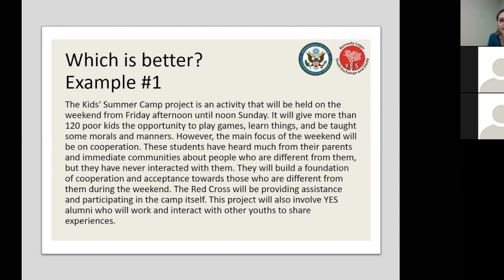These students have heard much from their parents and immediate communities about people who are different from them, but they have never interacted with them. They will build a foundation of cooperation and acceptance towards those who are different from them during the weekend. The Red Cross will be providing assistance and participating in the camp itself. This project will also involve YES alumni who will work and interact with other youths to share experiences.